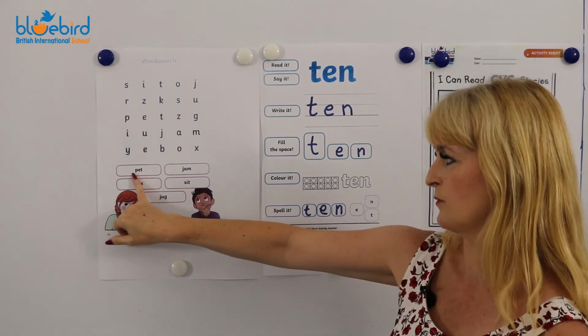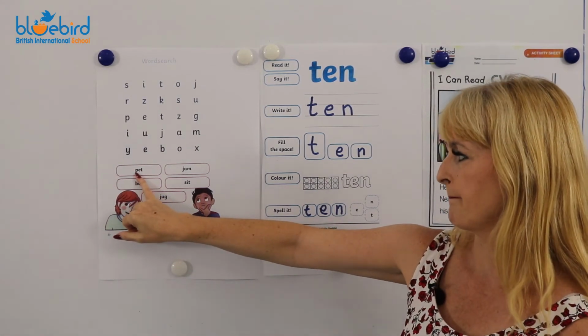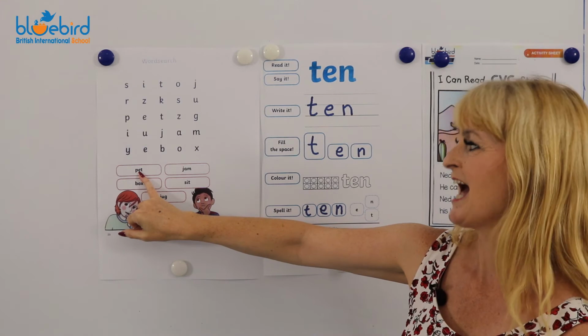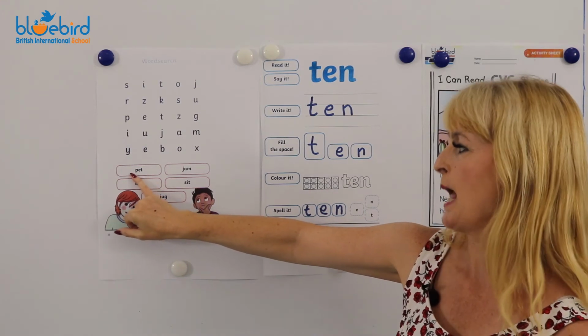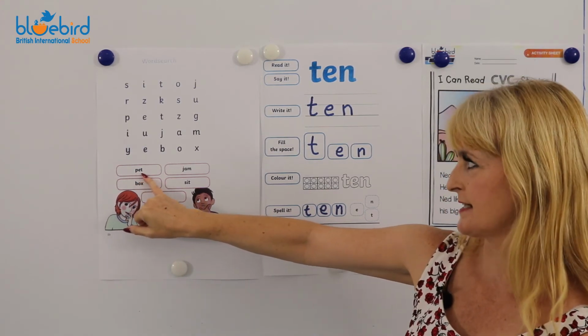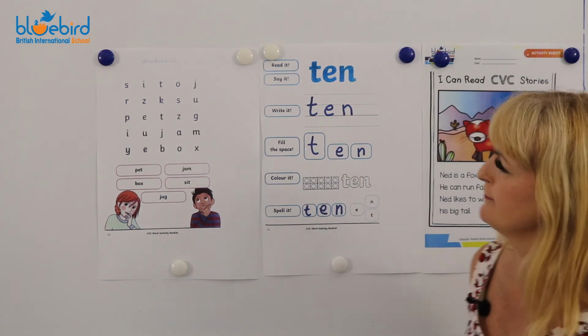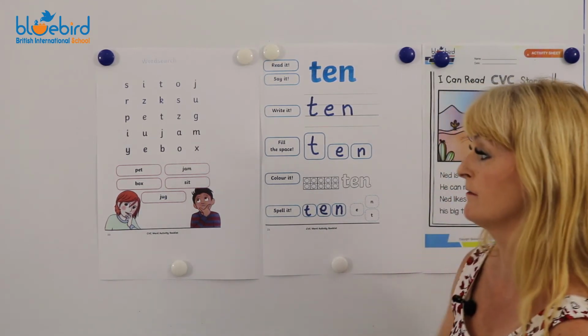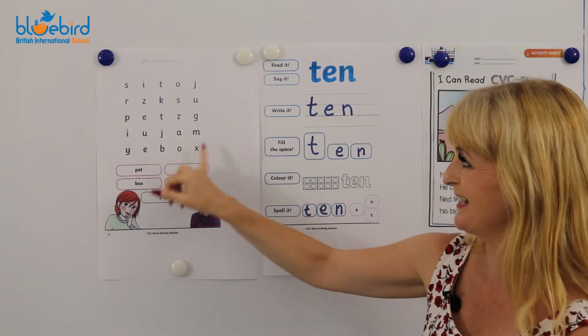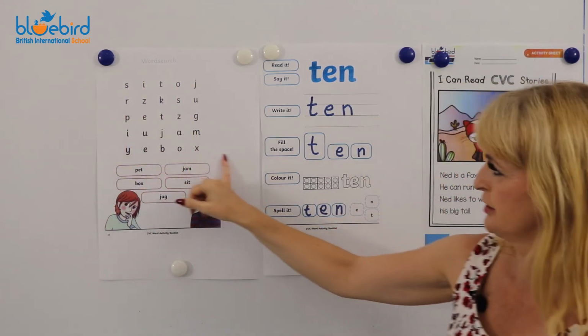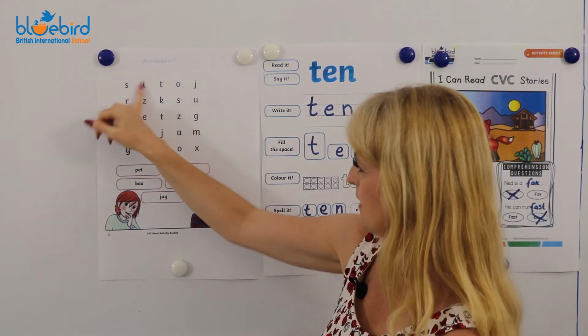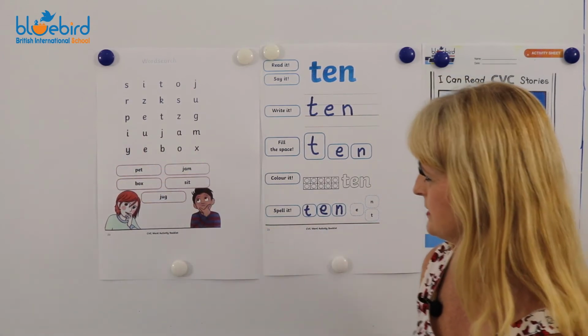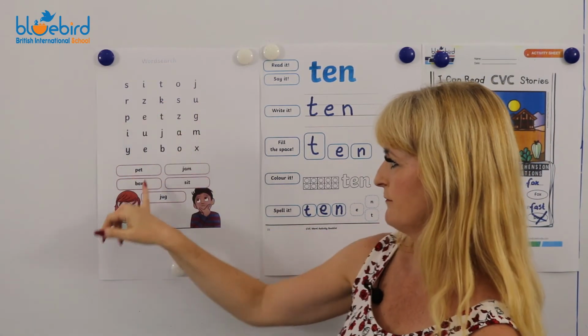What letter sound? Pa, pa, pa. T, t. Pet. So I have to look very carefully and see if I can find pet inside our word search. The first letter I'm looking for is a pa.